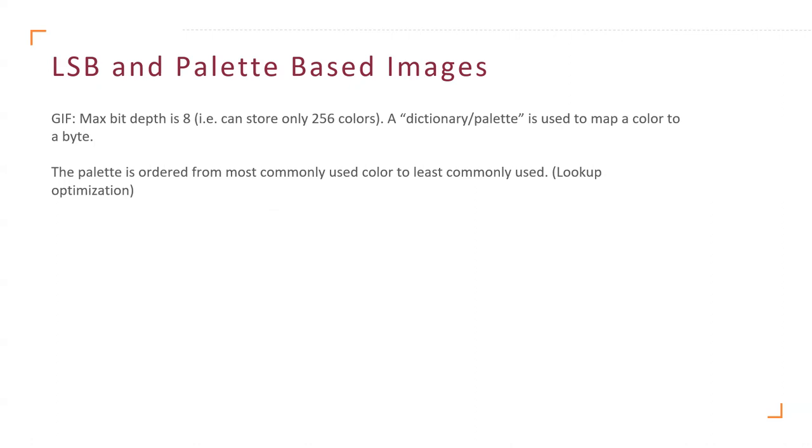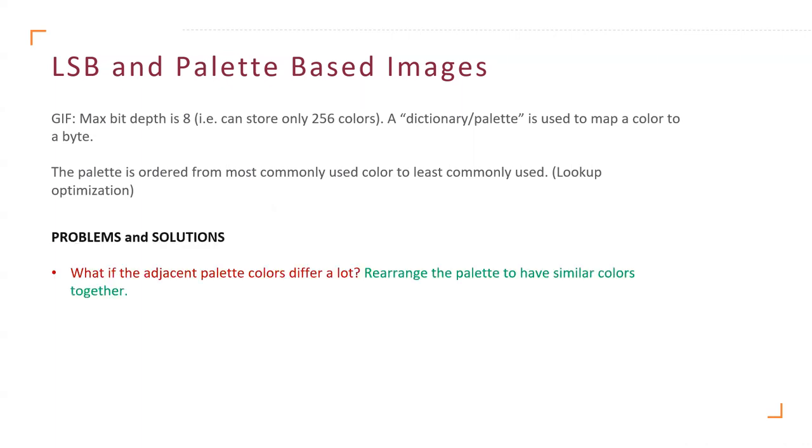And the palette is ordered from most commonly used color to the least commonly used color, just for lookup optimizations. So when colors are used in this dictionary, while rendering, the color palette is used to figure out what color it is. Again, with LSB and palette-based images, there are some pros and cons.